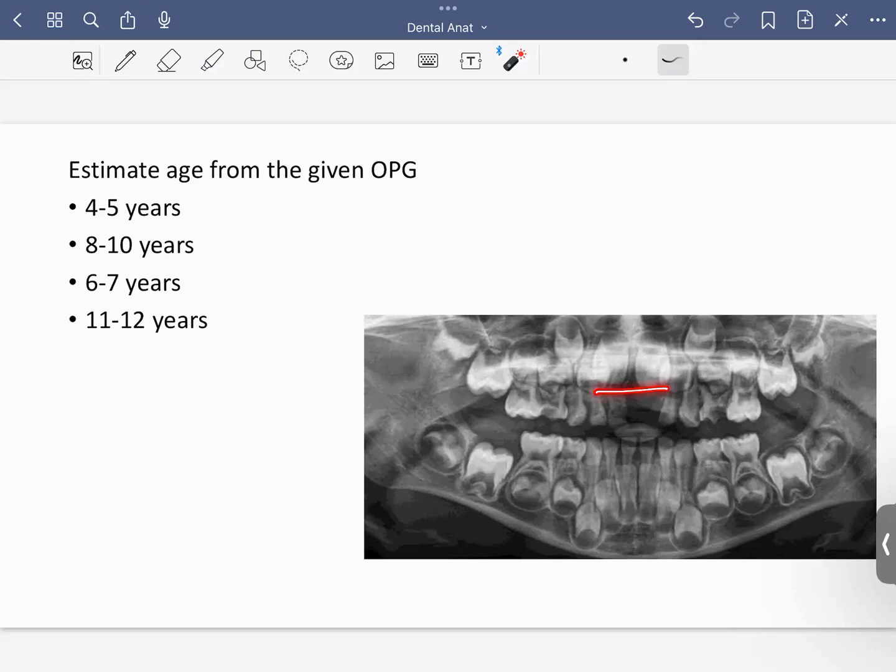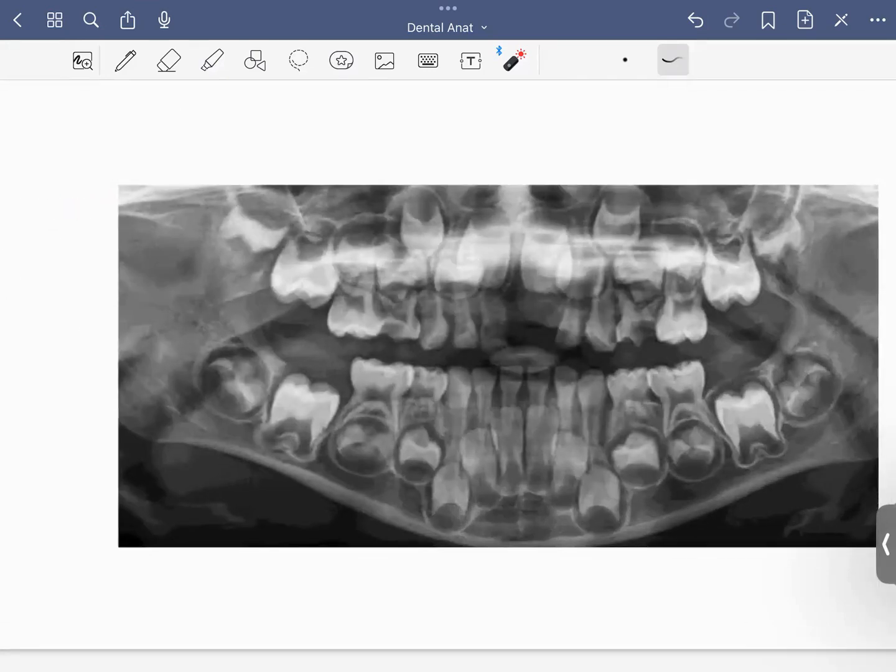Permanent centrals have not yet erupted. Even the permanent first molars have not erupted. They are yet to erupt. This is the bone. Hence, we can go for the answer of 4 to 5 years.